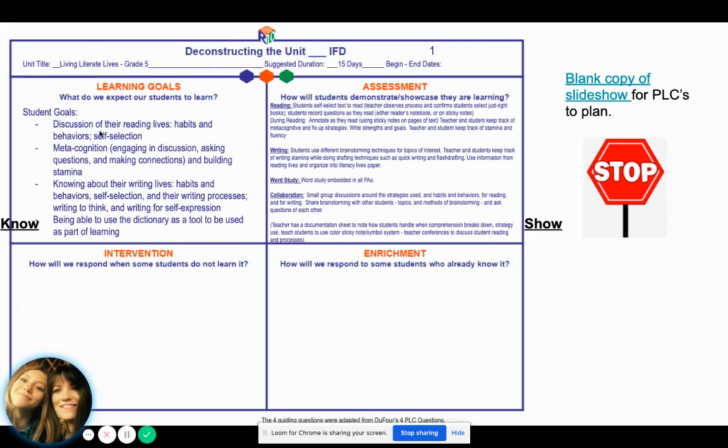Once you've done that and gone with your PLC and pulled out all your student goals, then you're going to go over to the performance bundles and ask, what do students need to be able to show during this unit in the performance bundles? The PAs are really around 4 themes.